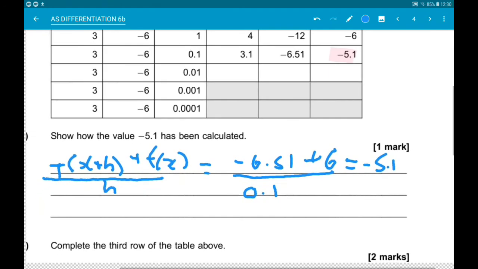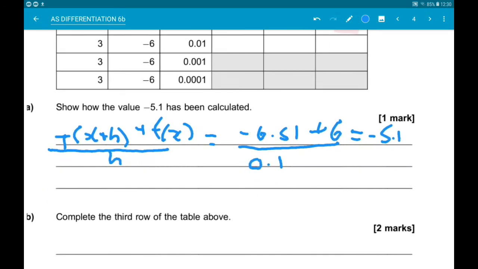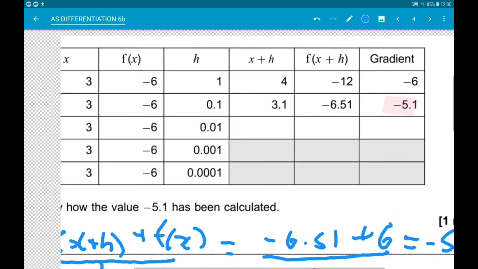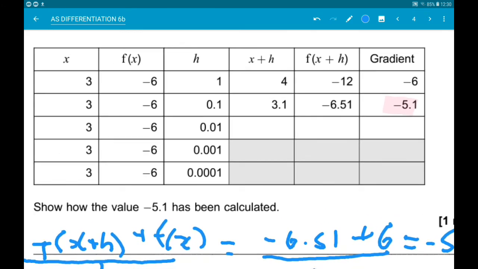Okay, then part B wants us to complete the third row of the table. So, what do we know? We know x is 3, f of x is minus 6, h is 0.01. So x add h is going to be 3.01.